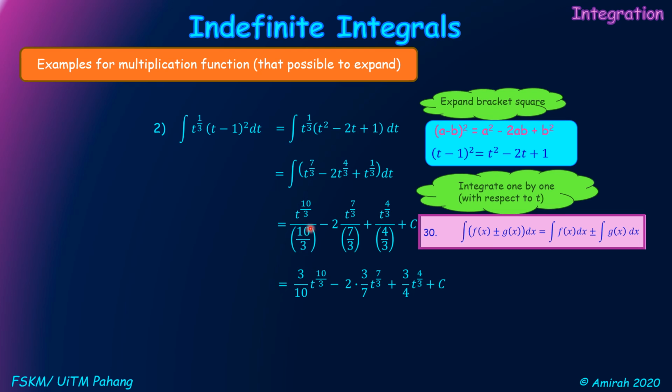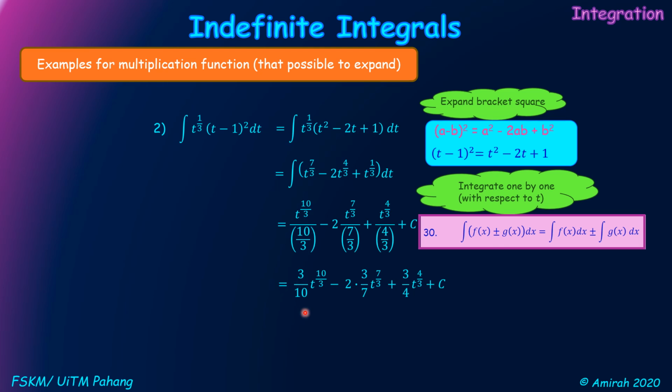We have division by a fraction here, so we can change to multiplication. We can write over 10 over 3 as multiplying by 3 over 10; we just exchange the numerator and denominator.